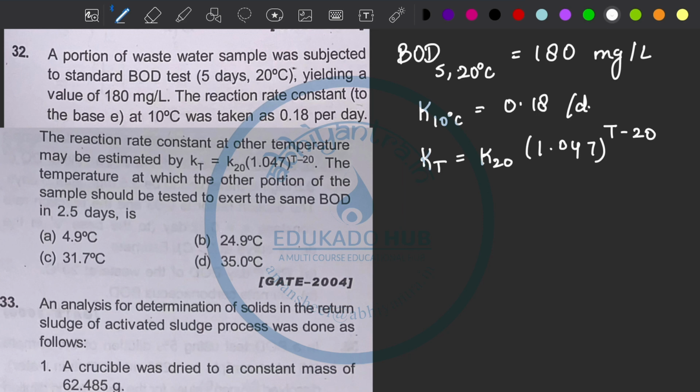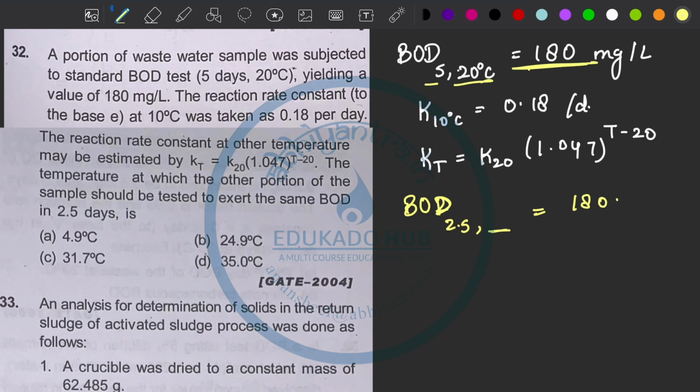The temperature at which the other portion of the sample should be tested to exert the same BOD. Same BOD means the same amount of BOD that came in 5 days at 20 degrees Celsius, within 2.5 days, at what temperature we will get the same BOD?